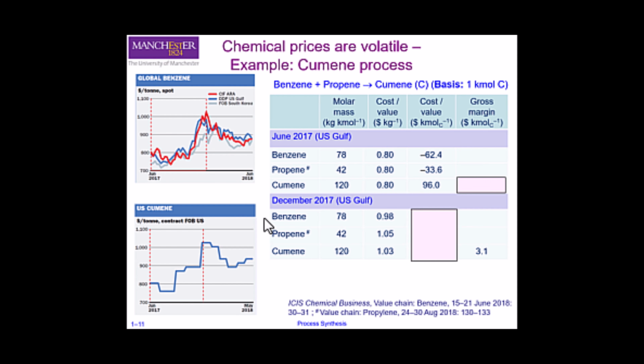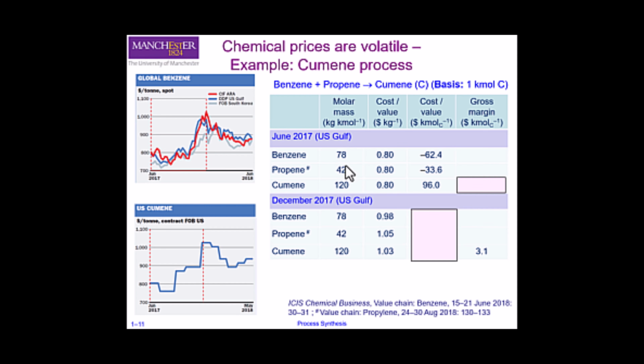So here we calculate the gross margin per kilomole of cumene produced, okay, and the stoichiometry is simple. We have 1 mole of benzene reacts with 1 mole of propene to form 1 mole of cumene. So first we need to calculate the price in dollar per kilomole using the molar mass information.